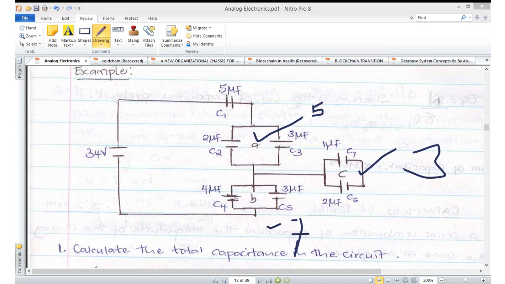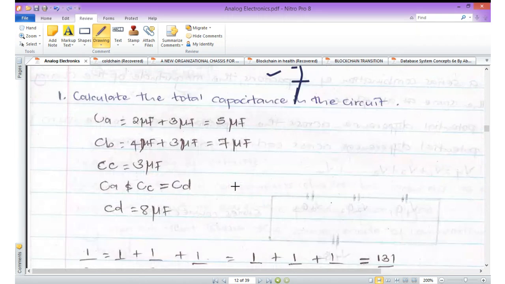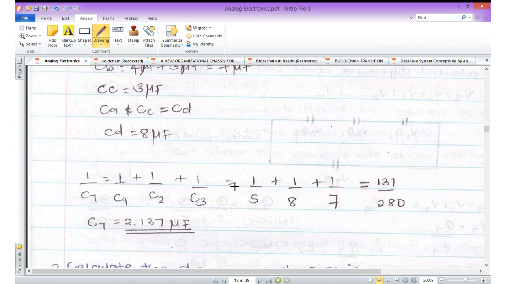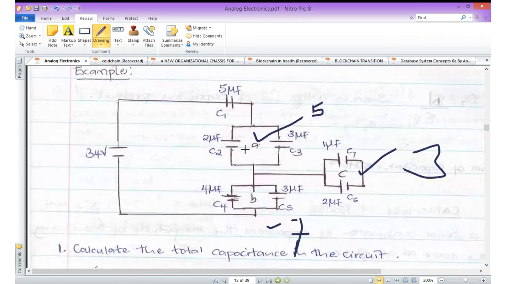Once that arrangement is done, you can now ask yourself, what other relationship exists within these devices? Our circuit will look like this.